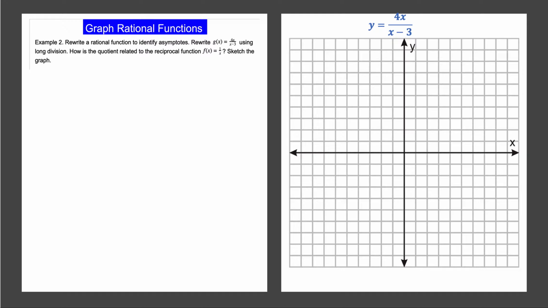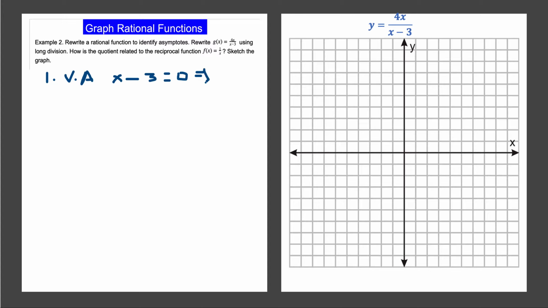First, let me find the vertical asymptote. For the vertical asymptote, we take the expression in the denominator, which is x minus 3, equate it with 0, and solve for x. This implies x is equal to 3.